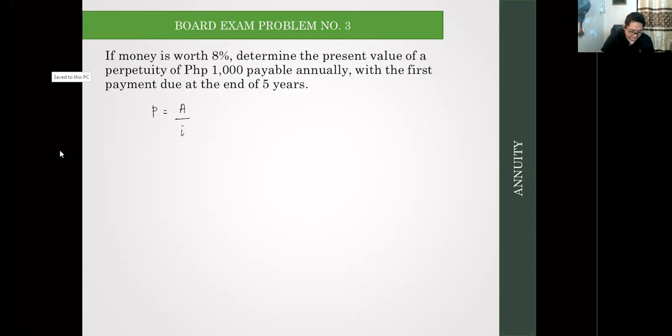Yung 1,000 natin na payable ng 8%, okay? Yung magiging value niya will be 12,500. Okay?